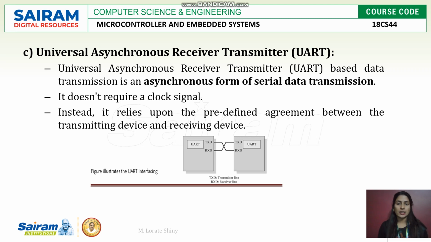Instead, it relies upon a predefined agreement between the transmitting device and the receiving device. So the start or end of the communication is indicated by inserting extra bits along with the bit stream. While sending a byte of data, a start bit is added at the beginning of the data byte, and a stop bit is inserted at the end of the data byte.